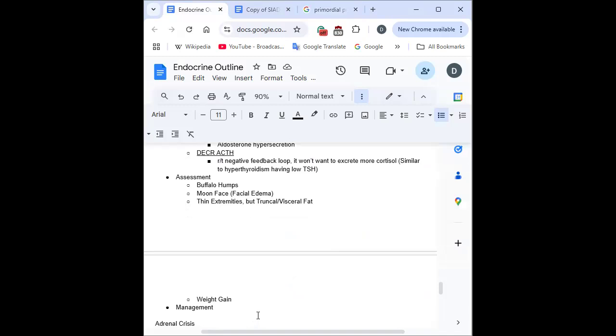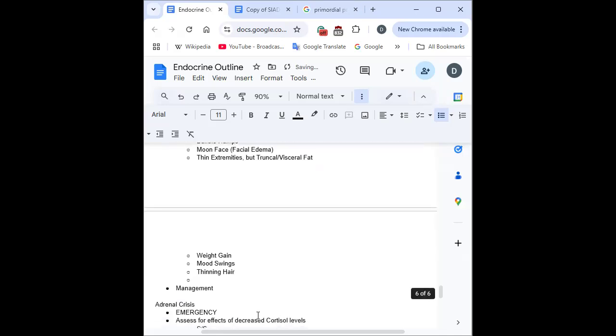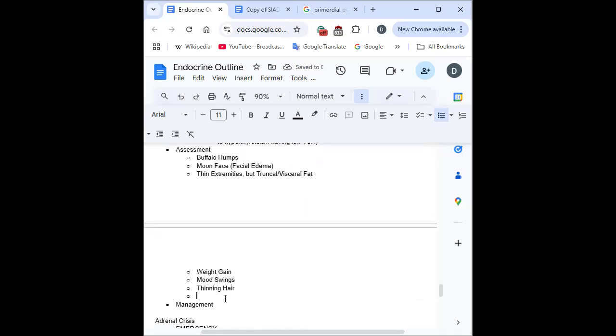Interesting. Primordial pouch. Oh yeah, we talked about the androgen release, so mood swings. Look at that. We said thinning hair. I'm not sure if that is visceral fat, but if it helps her, then I'm sure it'll help you guys.